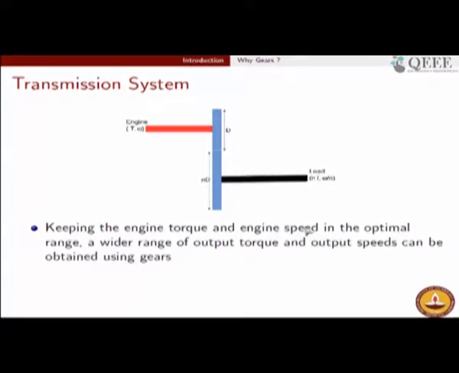So what we do is the following. As I said, the engine output shaft provides a certain torque and a certain speed. I call torque T and speed omega, right.